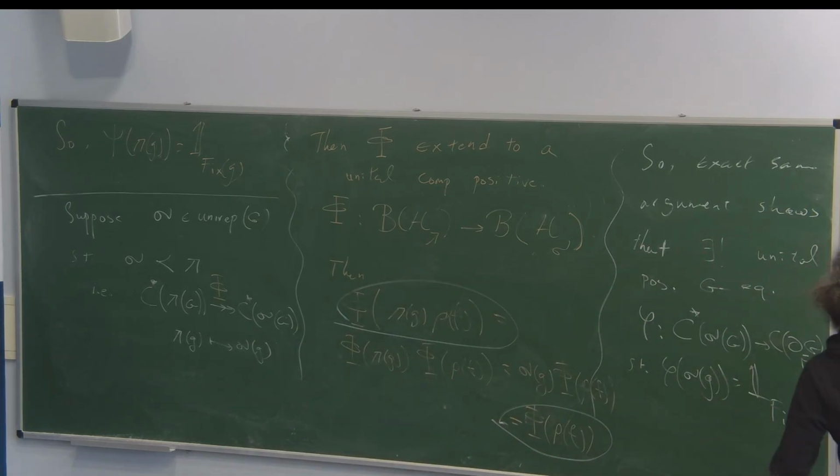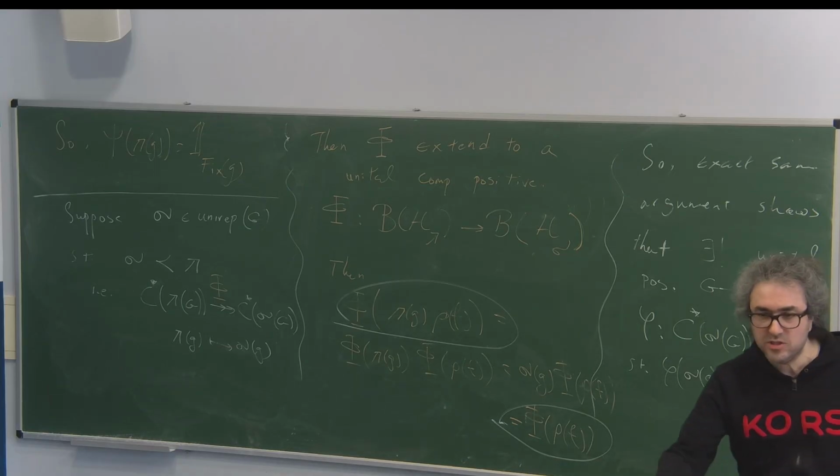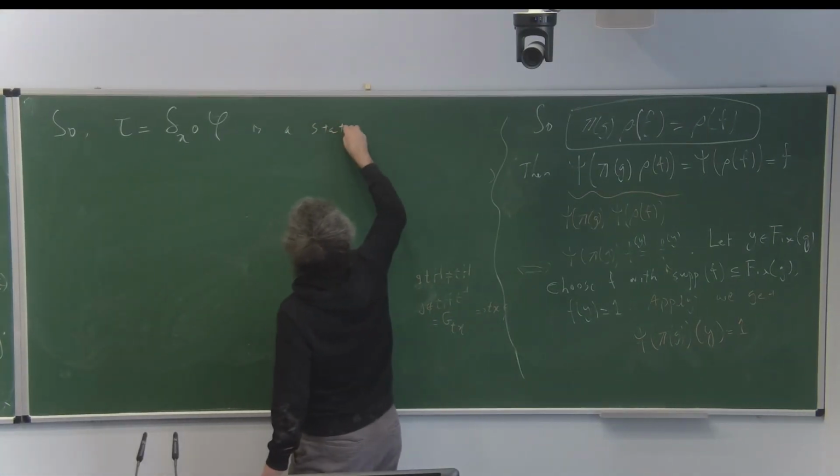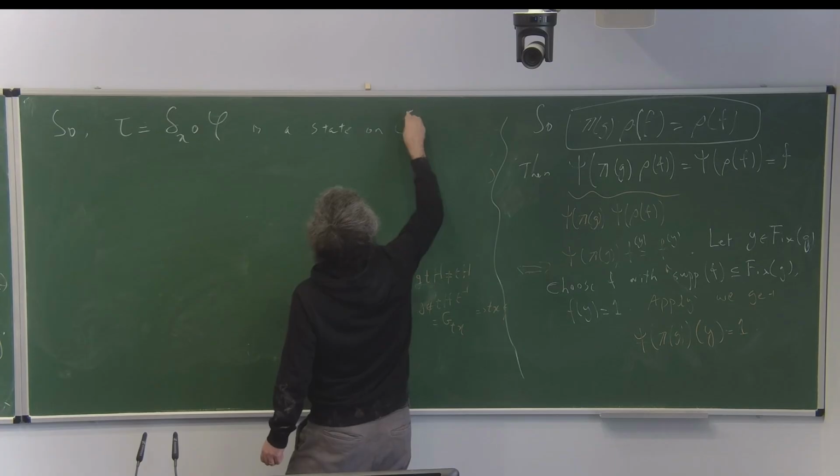Okay. Now, finally, let me compose this with the evaluation at point x. So tau, which I defined to be delta x, and this x is the x that I fixed from the beginning where I defined H. H was the stabilizer of that x, so there was an x fixed from the get-go. So this is a state on this algebra.